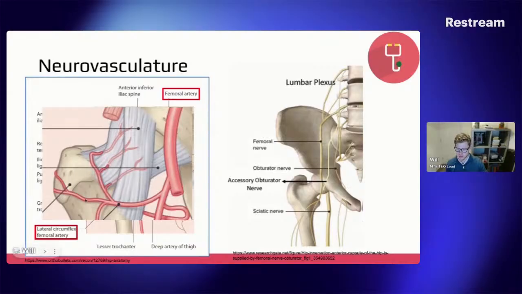The lateral circumflex artery gives off perforating branches which travel up to the base of the femoral neck, then travel from the femoral neck up to the femoral head. Now, we'll have a quick go to see if we're going to get any answers in the chat. Does anyone know what the term for that kind of blood supply is?